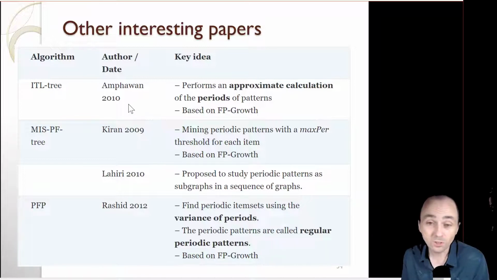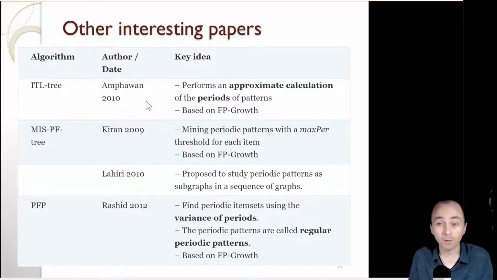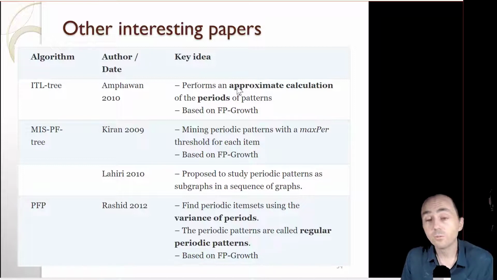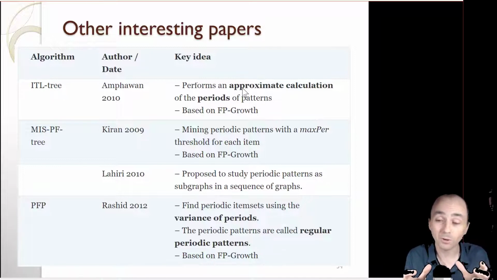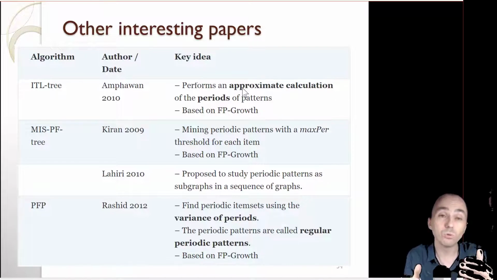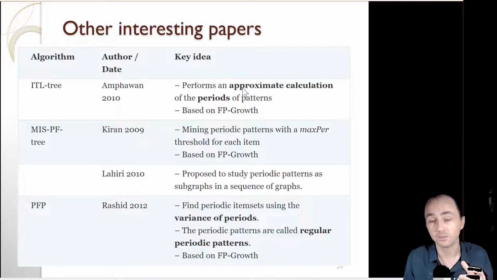So in 2010, there was another paper from Alpha 1 based on FP-growth that proposed an approximate calculation of the period. The idea in this paper is that they want to speed up the calculation to find the periodicity. They will not calculate the periodicity exactly, but they want to do it faster, so the result will be approximate.